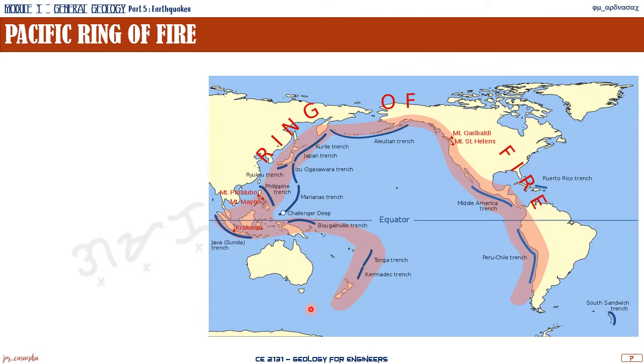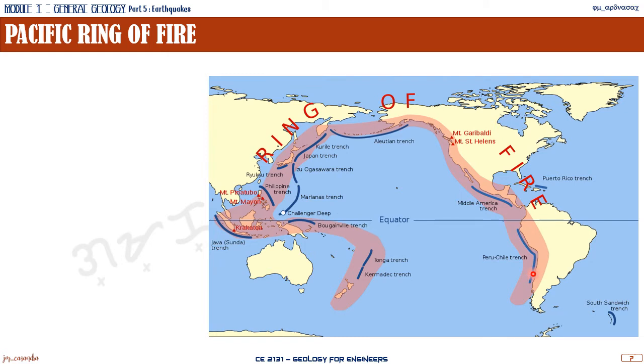So probably you have experienced earthquakes throughout your life. As you can see, the Philippines is within the highlighted portion of this map, which represents now our Ring of Fire.